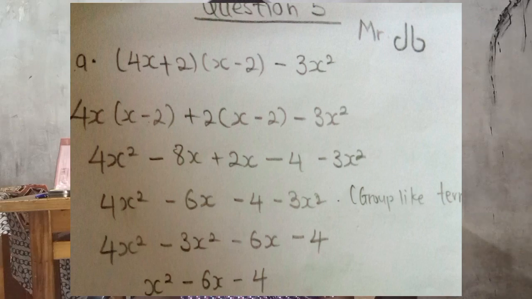We get 4x squared minus 8x plus 2x minus 4 minus 3x squared. So now the negative 8x plus 2x, they are like terms, so it's equal to 4x squared minus 6x minus 4 minus 3x squared.